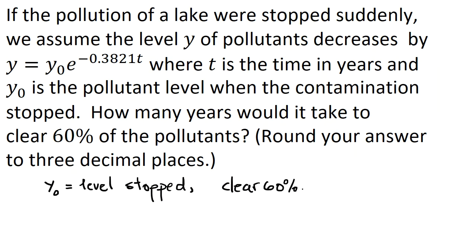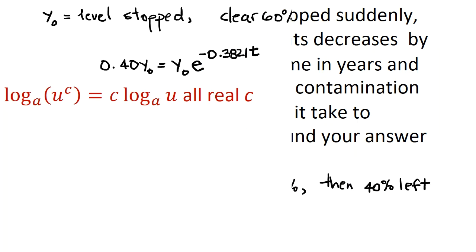So if we clear 60%, then y is measuring the pollution level. So when 60% is cleared, then 40% is left, or 40% of the pollution is left. And we must set up our equation with that in mind.